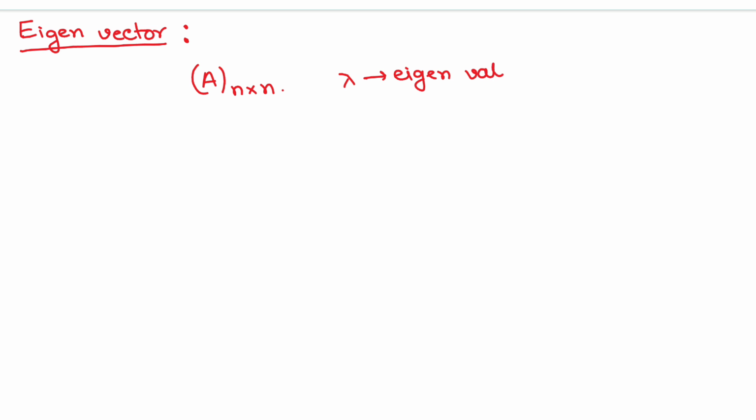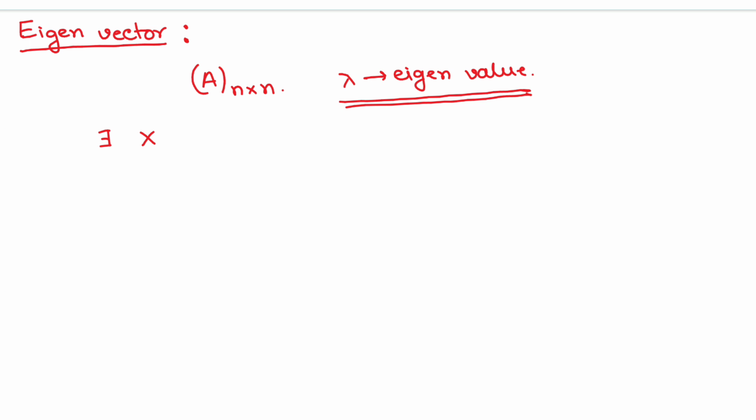If there exists an eigenvalue for any matrix A, then obviously there exists a vector, let's say capital X. I am repeating, if there exists any eigenvalue for any matrix A, then there exists a vector X. This may be a zero vector, maybe a non-zero vector. Both are possible.